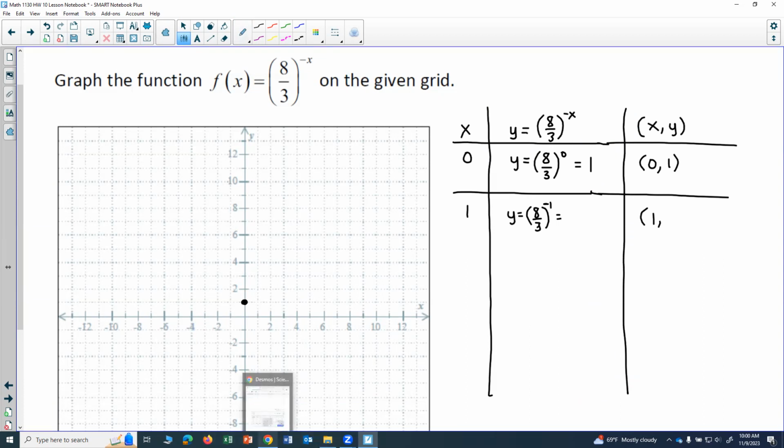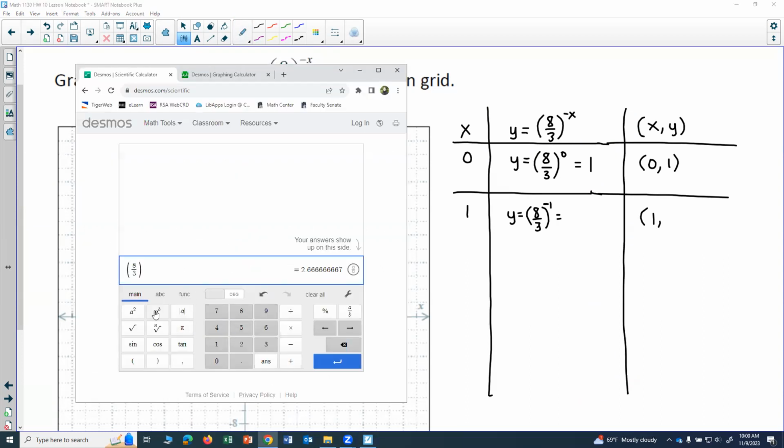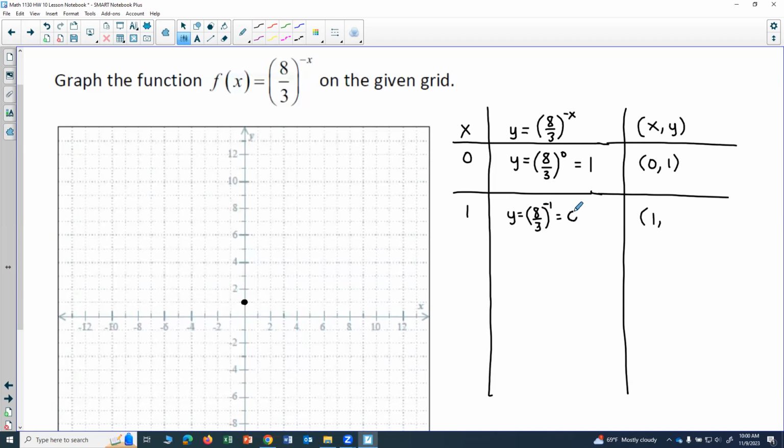So in my calculator, I'll put in 8/3, use the exponent key, the A to the B key, and then put in a -1, and we get 0.375. So I'll have 0.375. So my ordered pair is 1 and 0.375. So I'll do my best to plot that. It would be down here somewhere between 1/4 and 1/2.